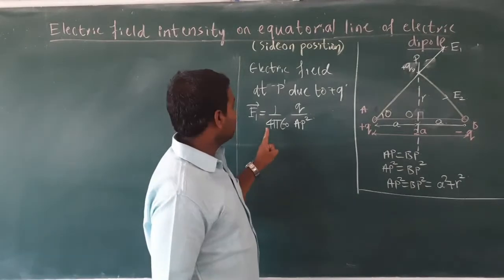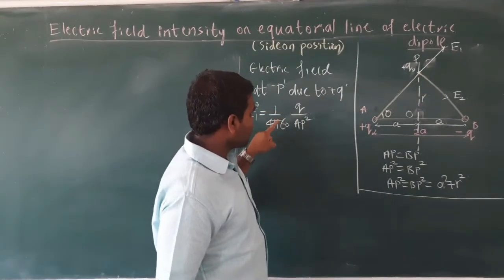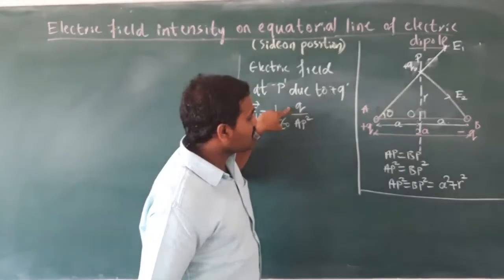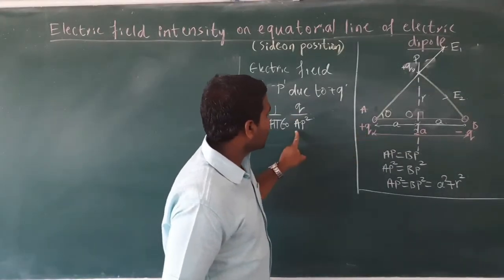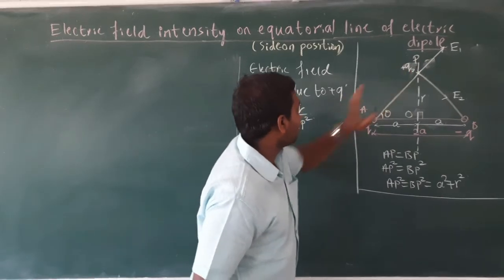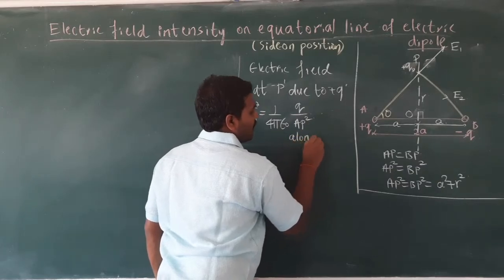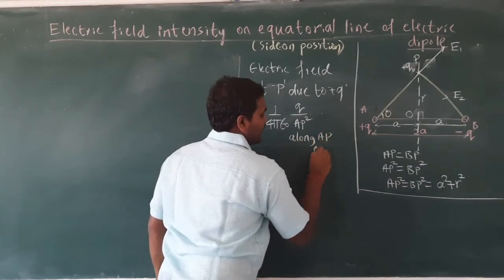Look at this again. E1 is equal to 1 divided by 4 pi epsilon naught, the magnitude of source charge, that is Q, divided by AP square, the distance between A and P, and it is along AP extended.